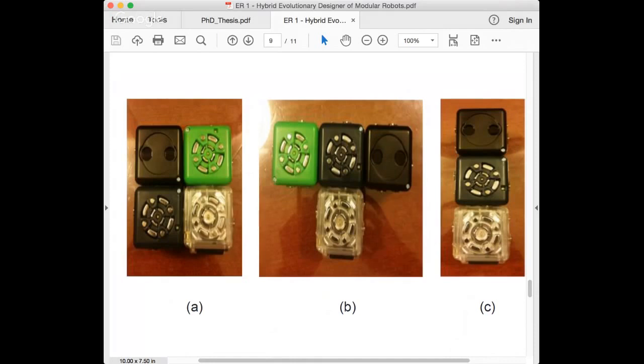I'm sorry, Stefan. So the number of modules used in C is smaller than the number of modules used in B. Somewhat unexpected. Yeah, I agree with you, Anton. It's always like that when you do research. You expect something and the result is something different.